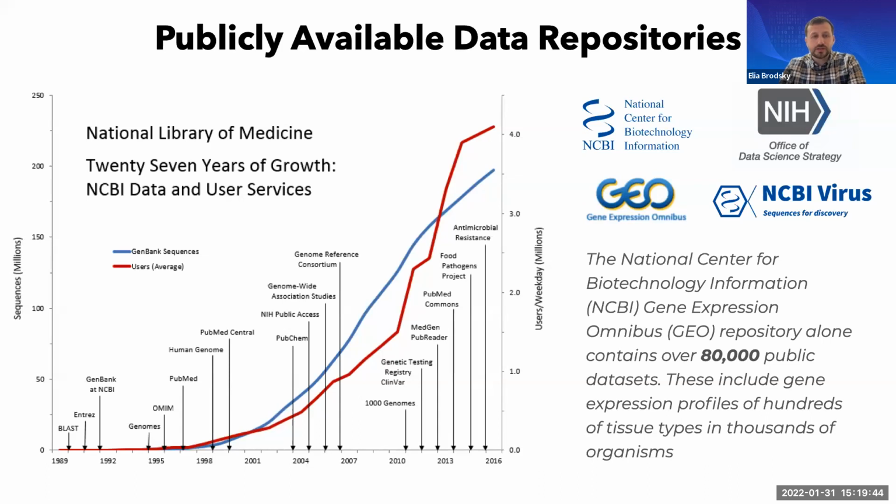Again, over the years, from about the 1990s up until today, there are over 100,000, we need to update this slide, but there are over 100,000 publicly available data sets just on one repository called GEO, Gene Expression Omnibus. So Gene Expression Omnibus would, of course, have collections of data from transcriptomics.